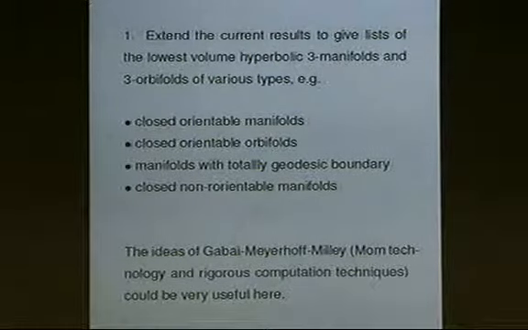Compact manifolds with geodesic boundary: the lowest volume example is known by work of Kojima. You can also look at manifolds with finite volume totally geodesic boundary, which is what we're looking at for these graph complements. And the lowest one is also known for that. But it seems another good problem is to try and extend these lists.